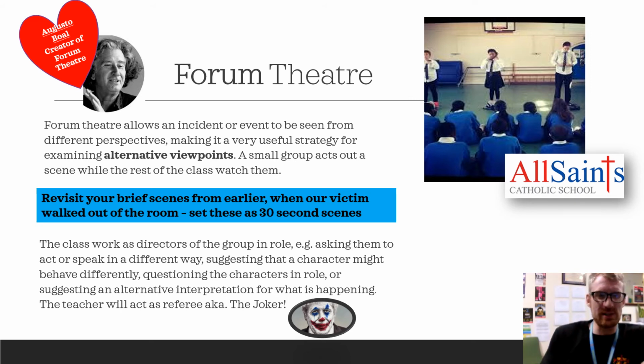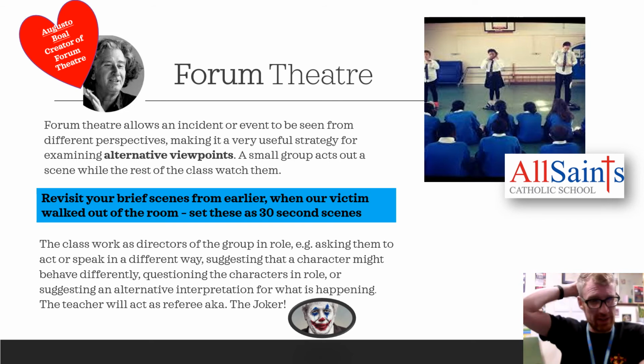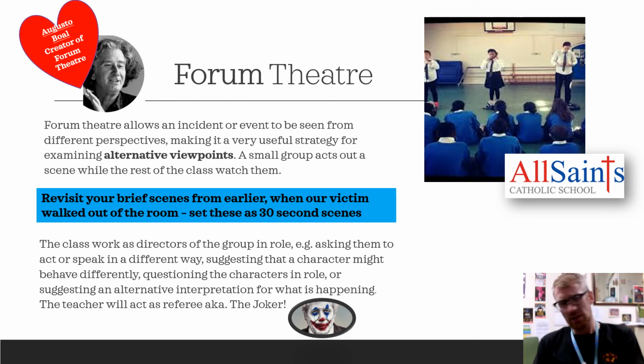So if the bullies have been pulling their hair and the victim says, stop it, it hurts, and screams, then when you run the scene a child can put their hand up and shout stop, and suggest a better way of the main character dealing with that situation.